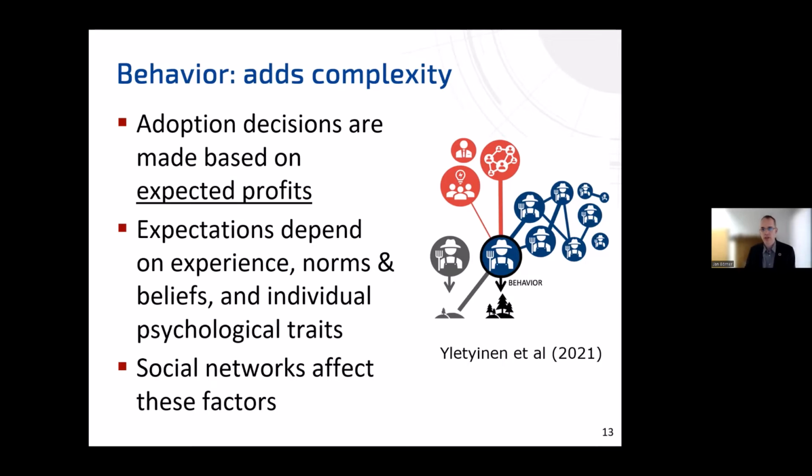The picture here on the right is from the graphical abstract of a study that showed that the land use of farmers that are embedded in large social networks differs quite a bit from the land use of farmers who are operating in a more isolated social setting. So your social networks affect your expectations about many things. And in the case of farmers, they affect your expectations about profitability and also your attitudes towards a new technology.